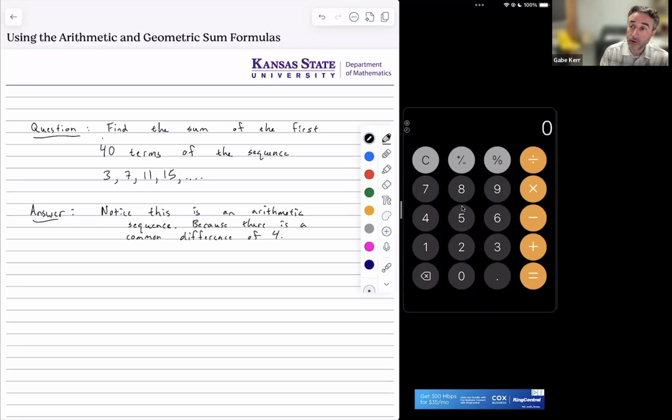Great. So now you want to apply the arithmetic sum formula. You don't want to try to continue writing out the sequence all the way to the 40th term. It's just much better to apply the arithmetic sum formula.